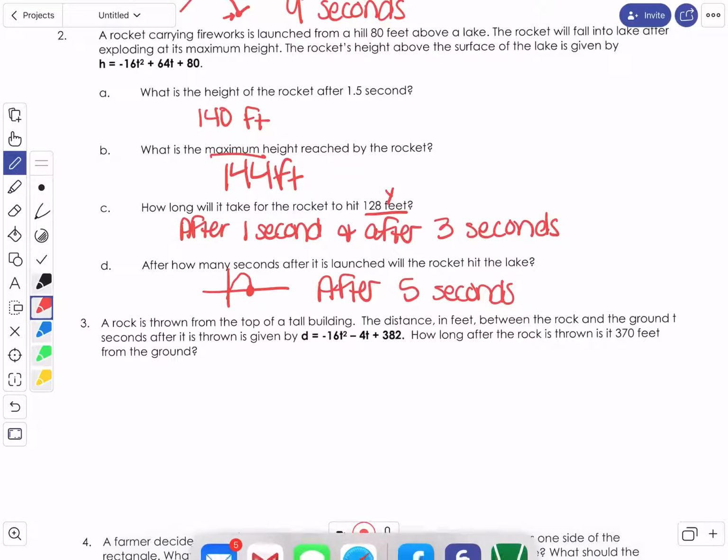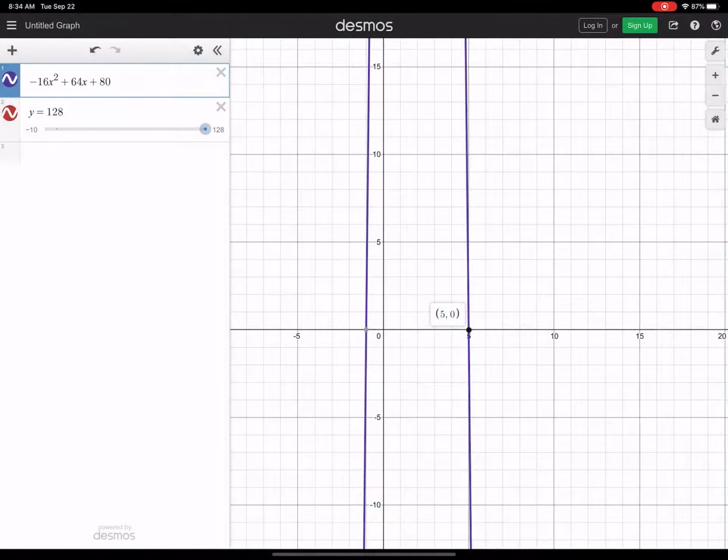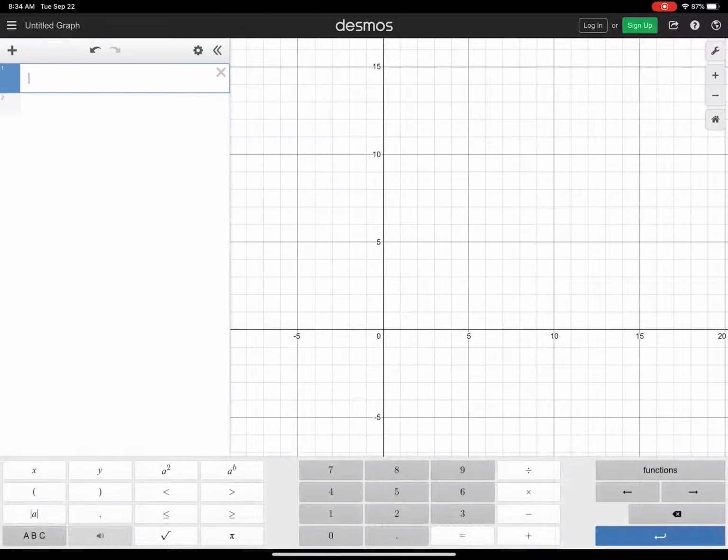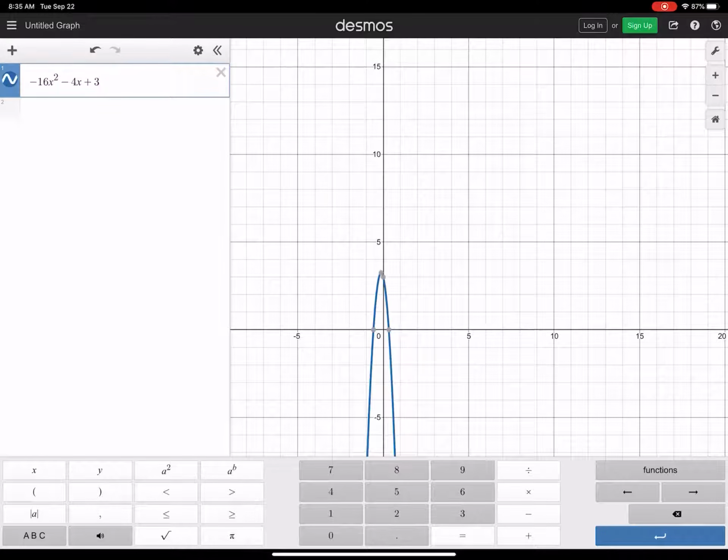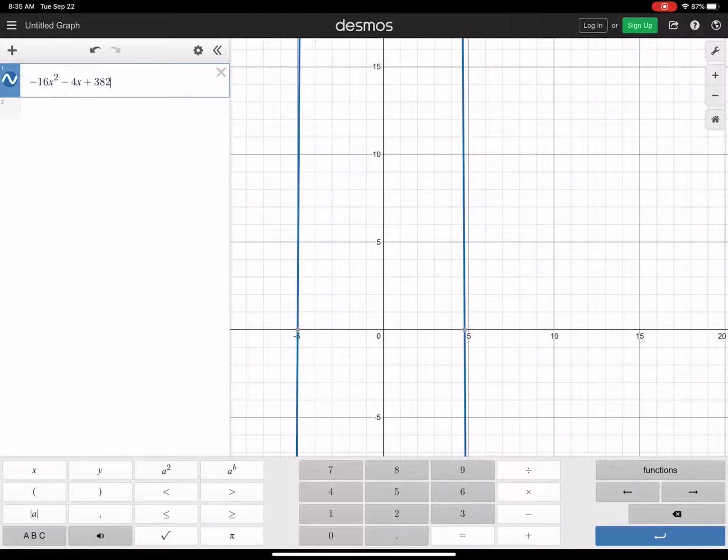So let's enter our equation into Desmos. We have negative 16 x squared minus 4x plus 382.